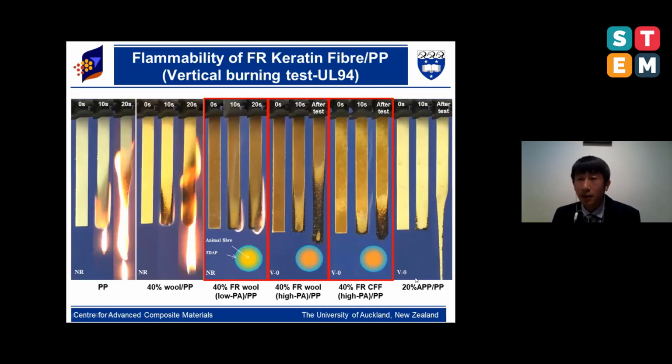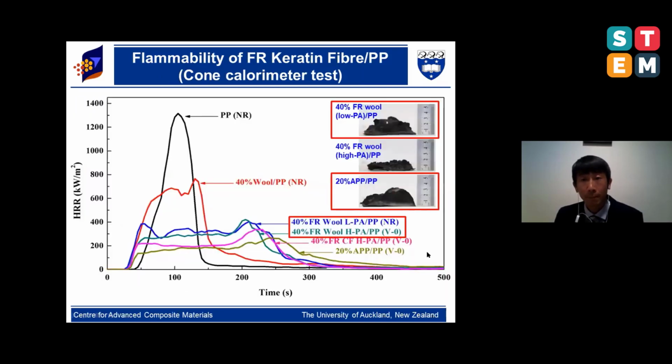APP is the commercialized material, ammonium polyphosphate. It is a typical material for intumescent flame retardant. So we can also achieve very similar flame retardancy. The similar peak heat release rate shows the similar flame retardancy.